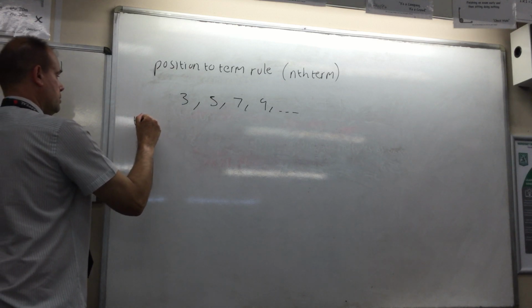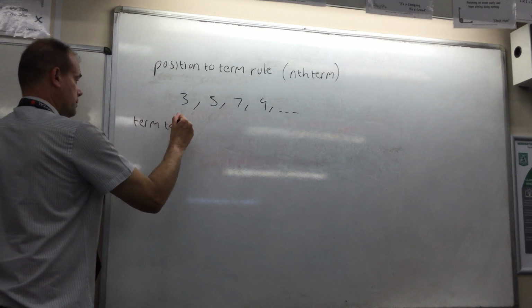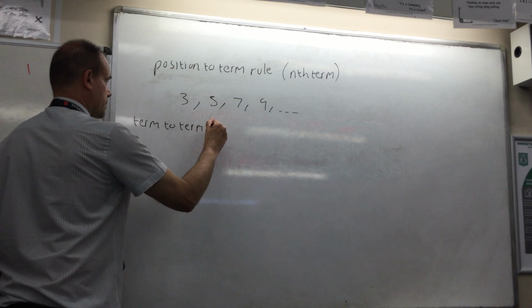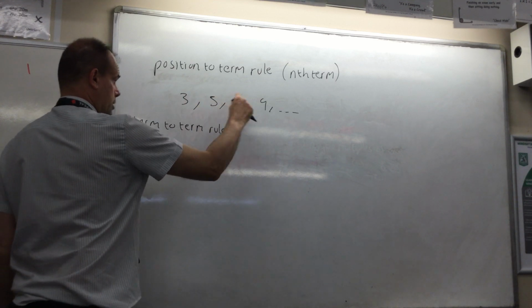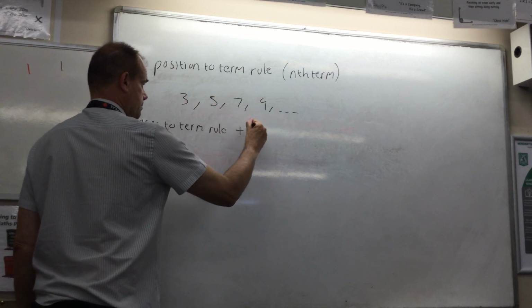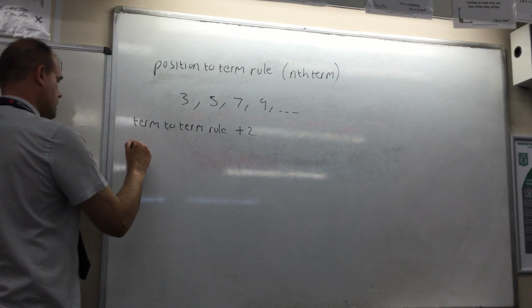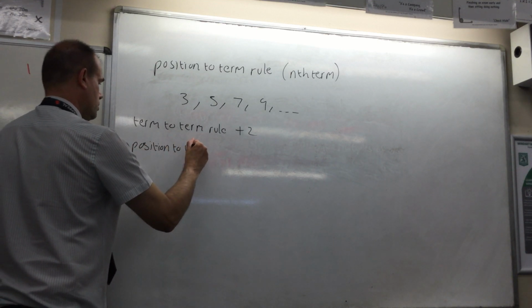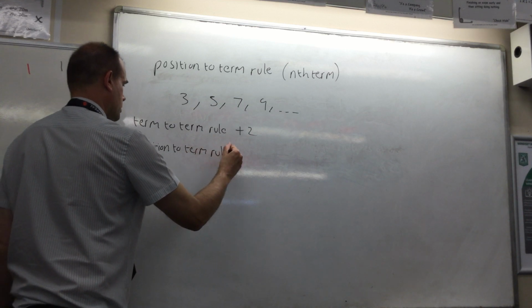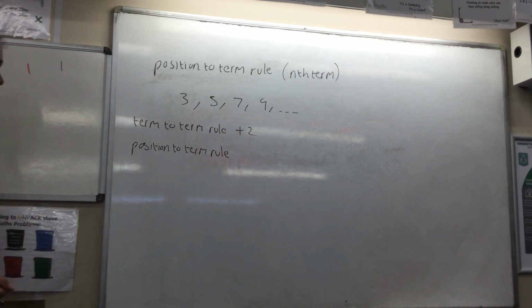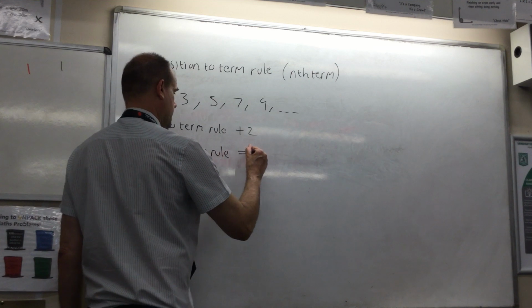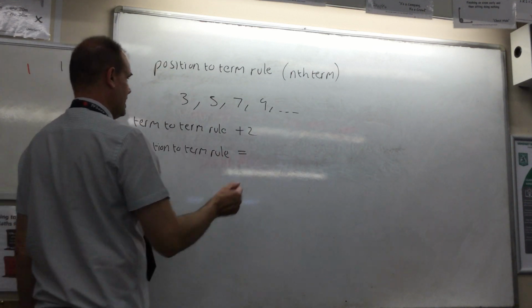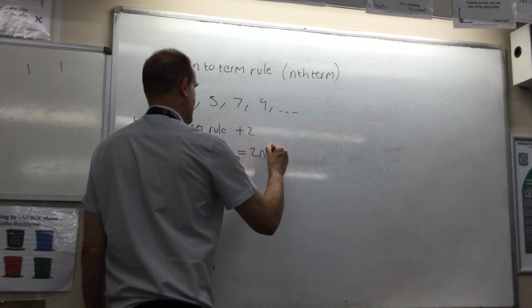The term-to-term rule, which is what I've just talked about, would be what you do from term to term. You can see there you add on 2. If I now talk about the position to term rule, you'll have to come up with this rule. I'm going to give you the formula here and then talk about how to generate that formula. It's actually 2n add 1.